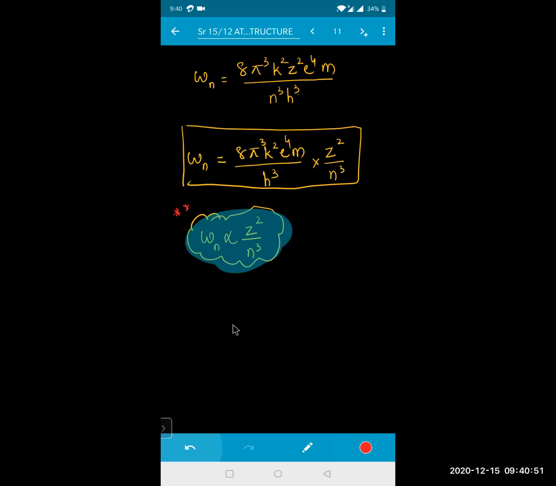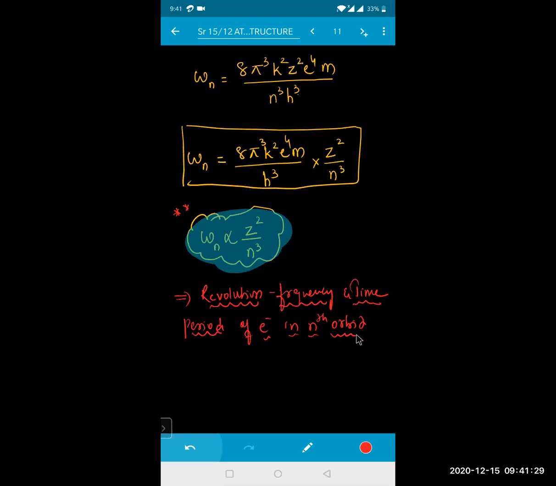Angular frequencies, done? After that, next is angular speed, and the next one is nothing but revolution frequency and time period of the electron in the nth orbit, Bohr's nth orbit. So we are talking about revolution frequency and time period of this electron in the nth orbit.